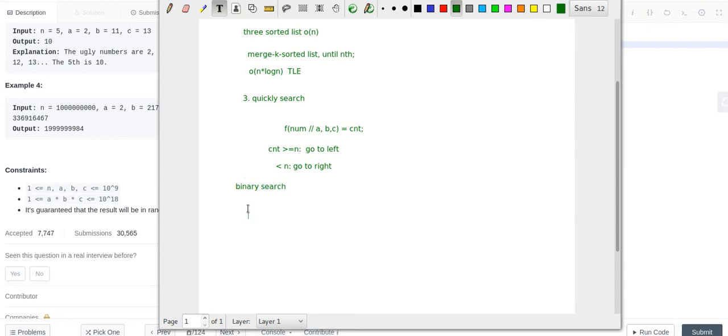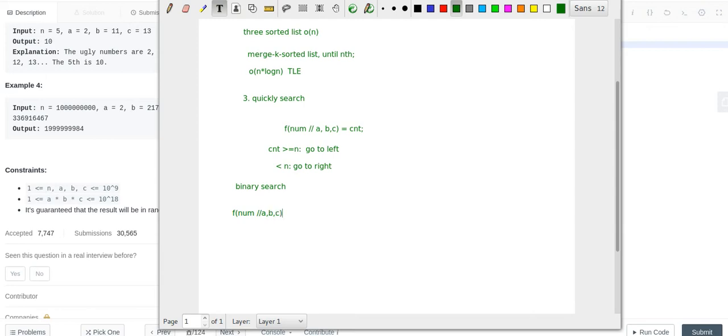If we use binary search, the critical idea is how to find the number of values up to num that are divisible by a, b, or c. For example, we define f(num) where num divided by a gives the number of values smaller than num that are divisible by a.